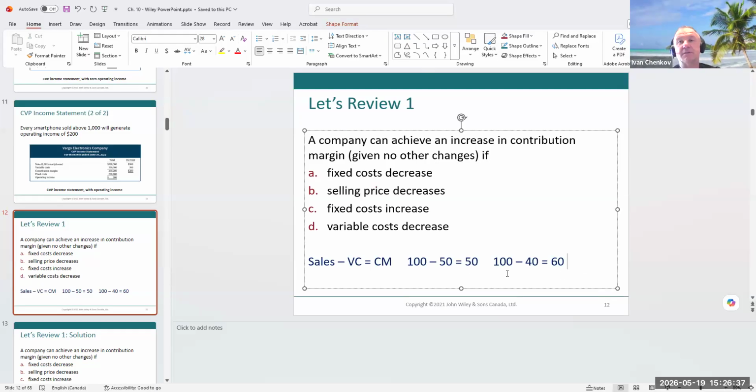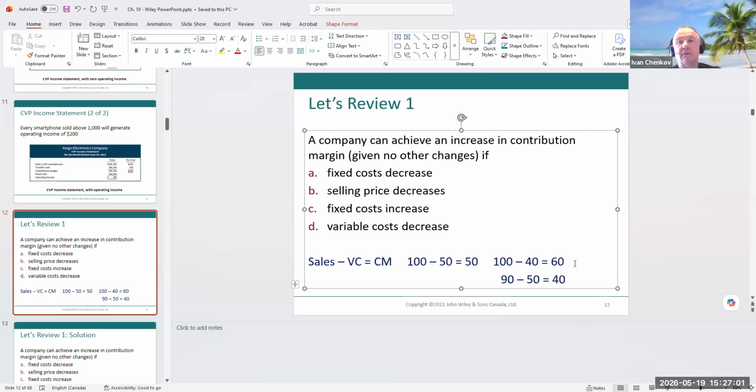Let's change the selling price. How can I change the selling price? Right here, I'm going to go under this scenario, and instead of 100, my selling price now is 90. My variable cost stays the same, 50. Now what's happened with my contribution margin?